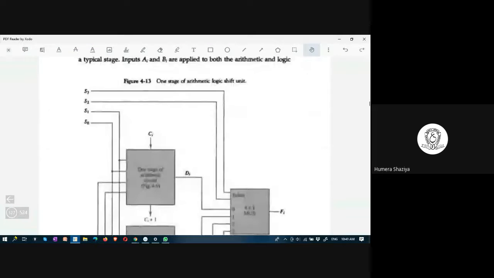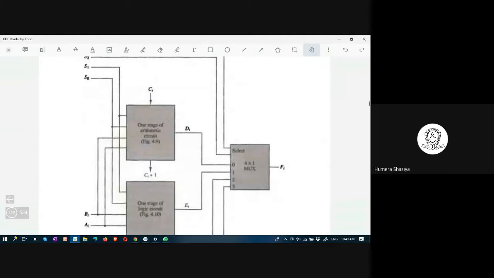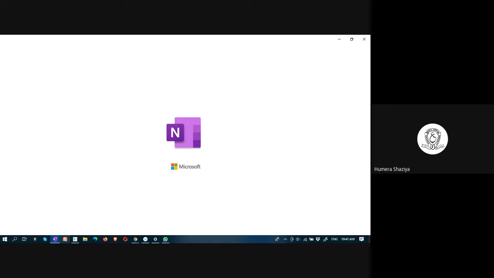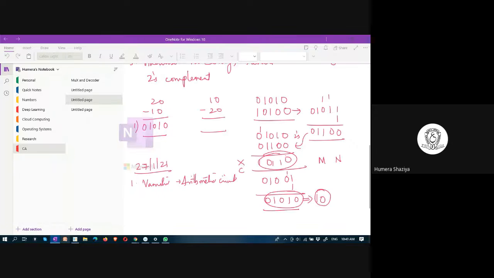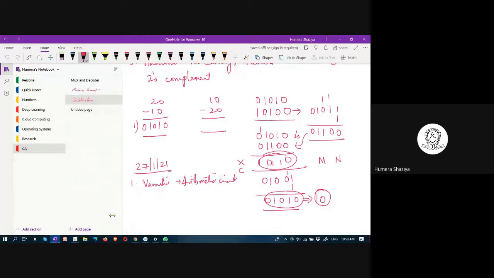Today's task is to analyze and understand the ALU, because we studied arithmetic, logical, and also shift.